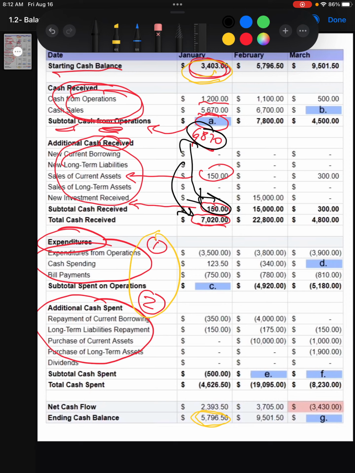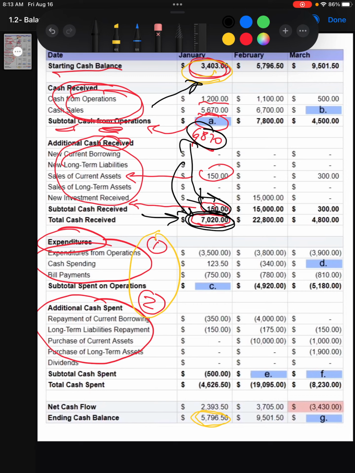You can always pause the video, rewind it, and see if this is making sense. So far in January, at the beginning of the month, we had $3,403. And throughout the month, we received $7,020 in total. Now let's see how much money we spent.